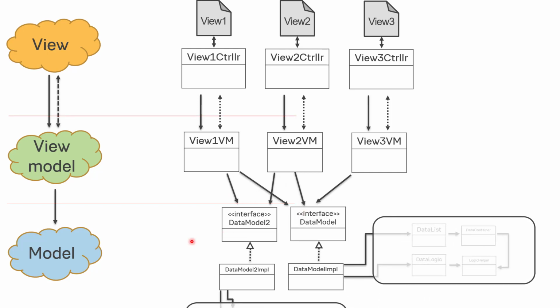So now I have a view to, for example, see all customers. I have a view to edit customer information. I have a view to see customer purchases. I may have two models. One is responsible for customer information and updating and modifying and handling that.